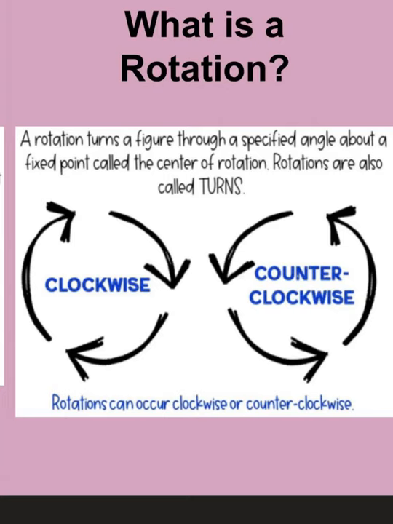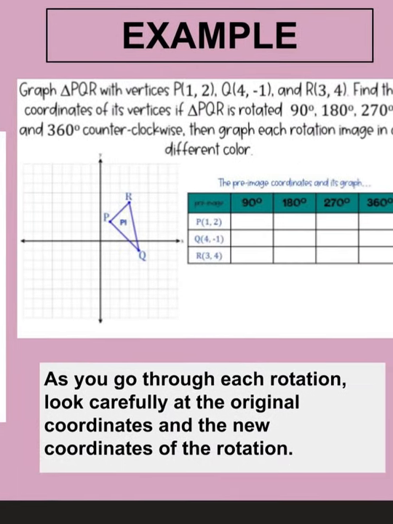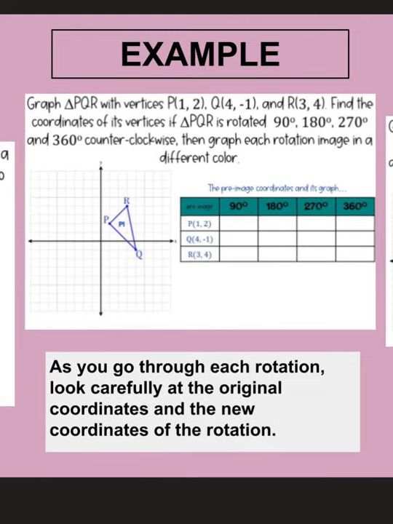Now we're going to look at an example. It says we're going to graph, well, it's already graphed, triangle PQR with vertices P at (1, 2), Q at (4, -1), and R at (3, 4). You're going to find the coordinates of its vertices when it is rotated 90 degrees, 180, 270 degrees, and 360 degrees counterclockwise.